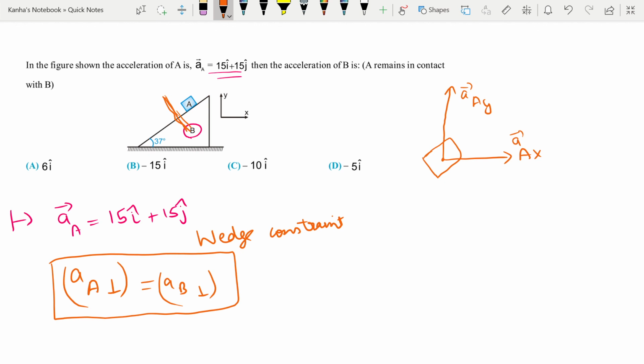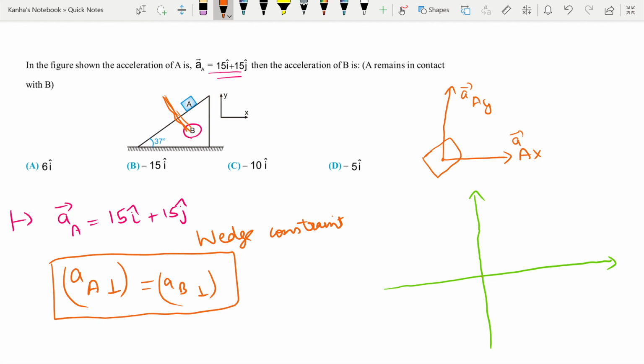Now I need to split them along the normal, and I need to see what components to write. So I'll make a clearer diagram showing you how this coordinate system is working. So this is my normal xy coordinate system. Then what do I have? I'll show it with another pencil.